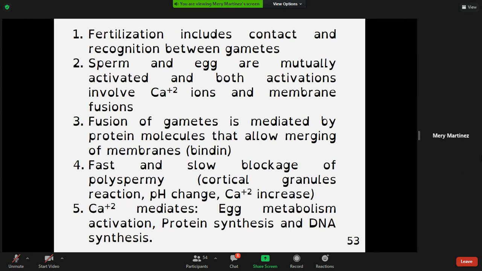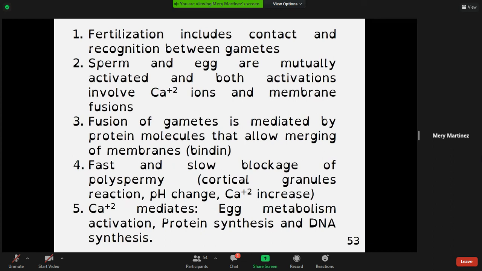We have a fast and a slow blockage of polyspermy: cortical granule reaction, pH change, and calcium increase, all to activate the egg to form the fertilization membrane. And calcium also mediates egg metabolism activation, protein synthesis, and DNA synthesis.